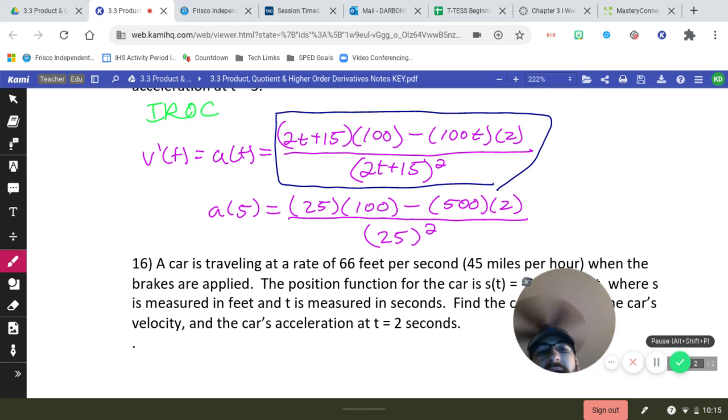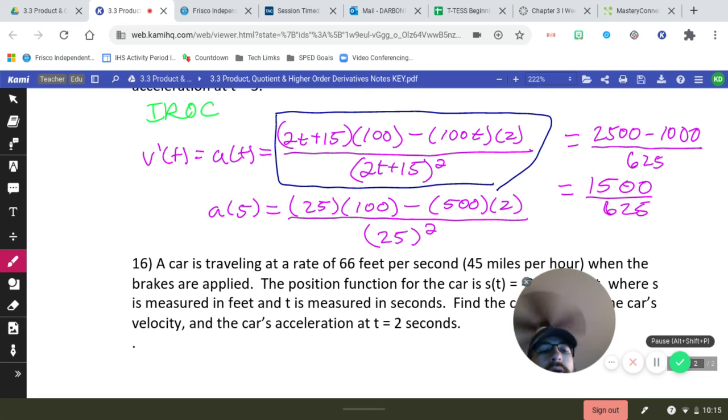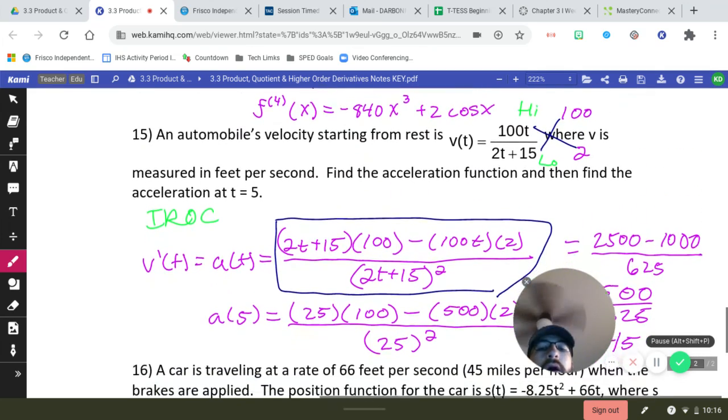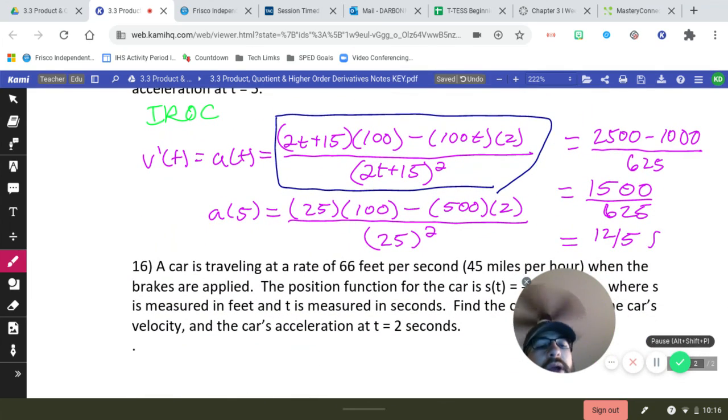So simplifying this out, we get 2,500 minus 1,000, not 100, 1,000, all over 625, which would become 1,500 over 625. Once you plug these numbers in, you can technically leave it and not simplify it all the way out, another little trick for calculus, but we can also finish it all the way out. And if we do, we get 12 fifths feet per second squared.